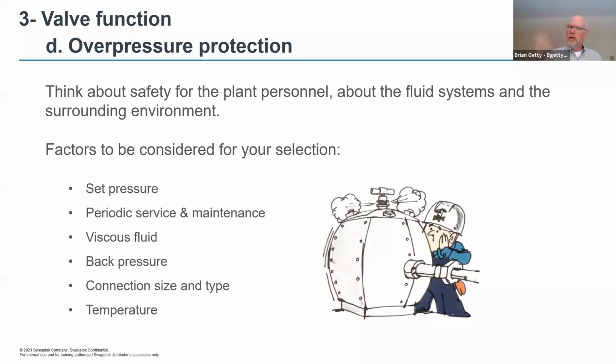Two totally different viscosities. It's very, very important to look at. Okay. And do you want this overprotection to give you a bit of a back pressure? Those are some of the things that the different valves will do for you. You want to look at your connection size, your temperature. Temperature, again, know your complete system. It is a very important factor.